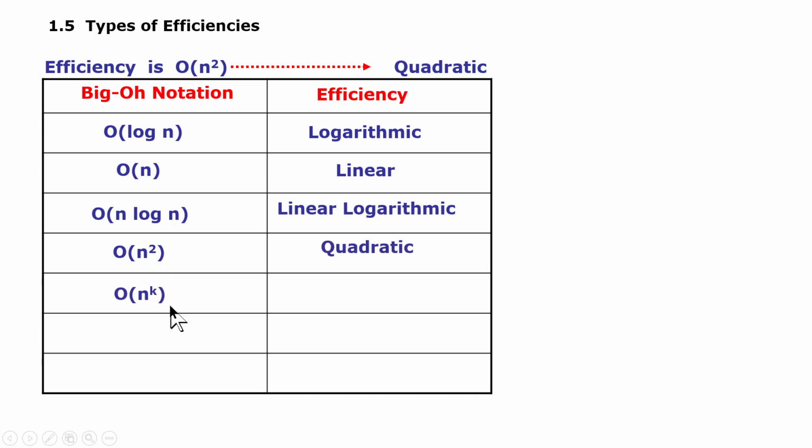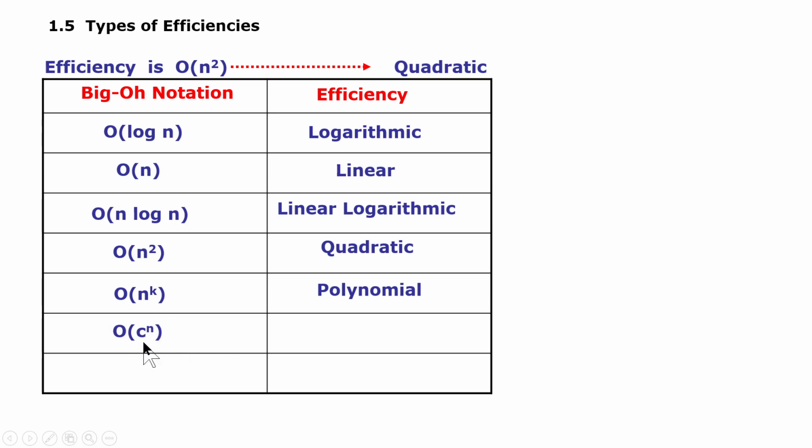Big O of n raised to k. Here, one thing you should notice is that k is a constant and the value of k is greater than 2. I repeat, k is a constant and the value of k is greater than 2. So if it is big O of n raised to k, then it is polynomial. Then we have big O of c raised to n. Many students get confused between n raised to k and c raised to n.